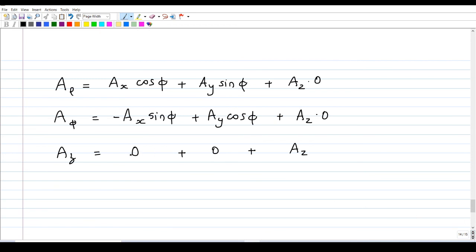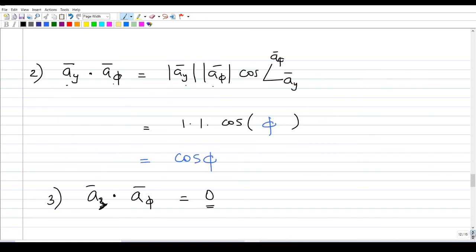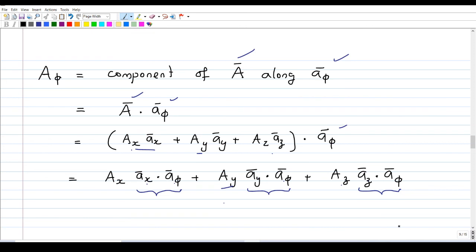So now I have written the equations here. This is our equation number 1. Now the second equation, that is this one. This we can substitute AX into AX dot A phi. That we got in the next page. AX dot A phi is minus sin phi.